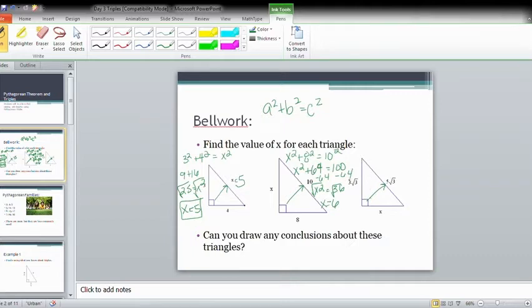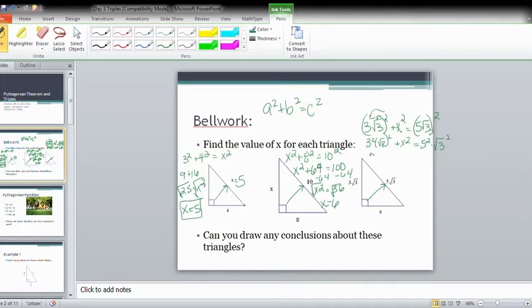Last one over here. So now I have 3 root 3 squared plus x squared equals 5 root 3 squared. Good radical review here, so we're going to square both numbers, so I get 3 squared times the square root of 3 squared plus x squared equals 5 squared times the square root of 3 squared.